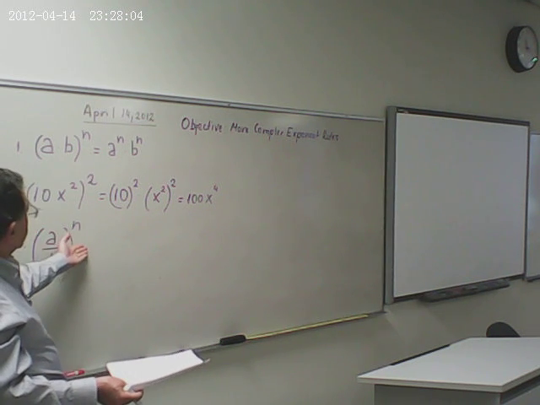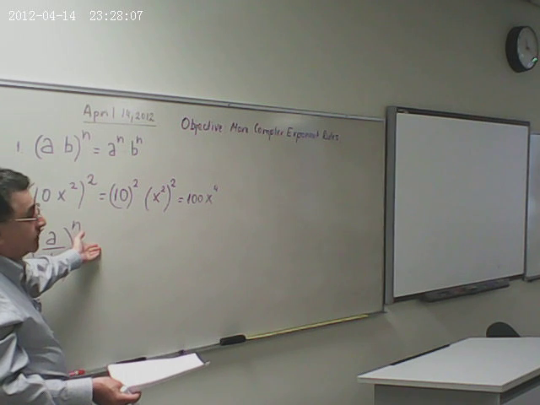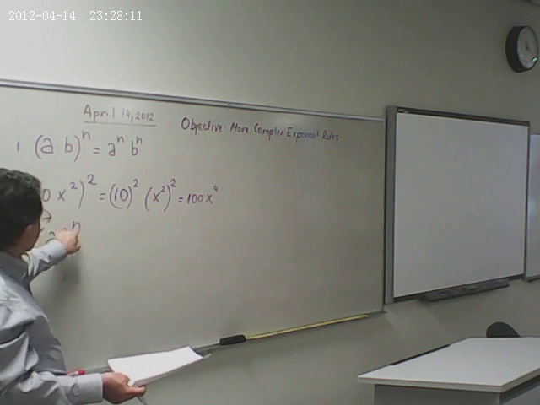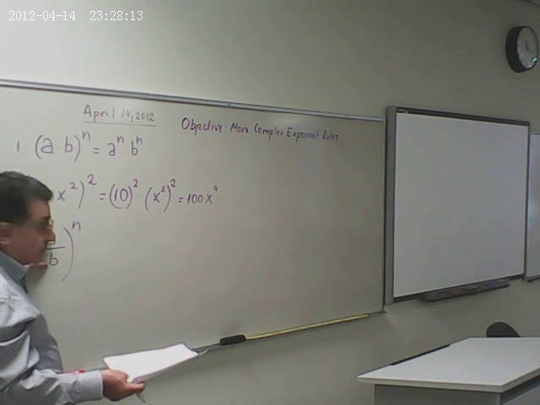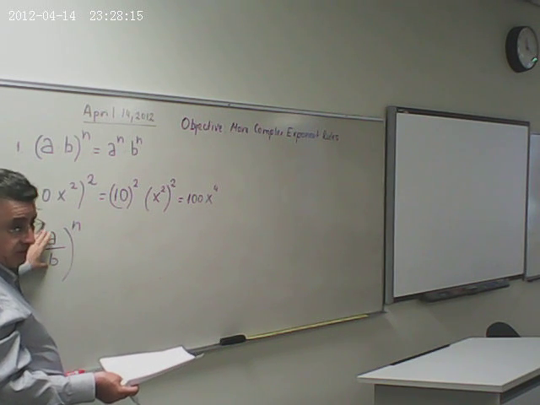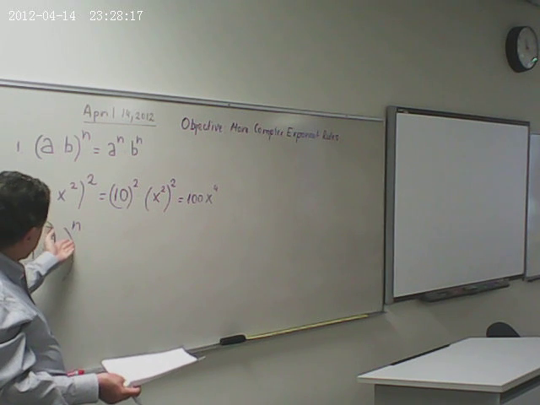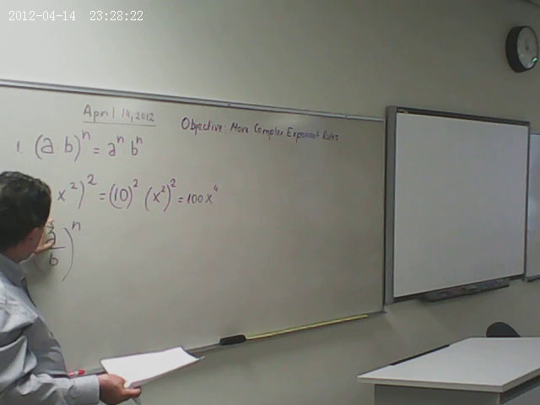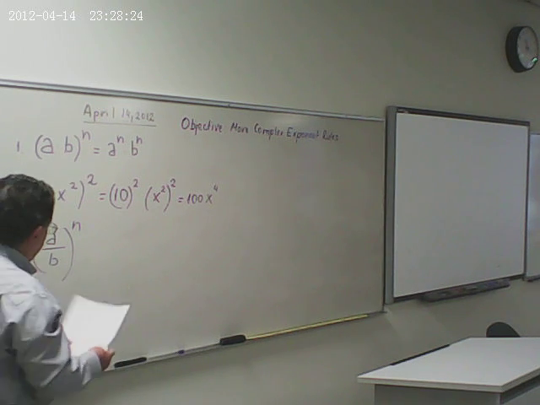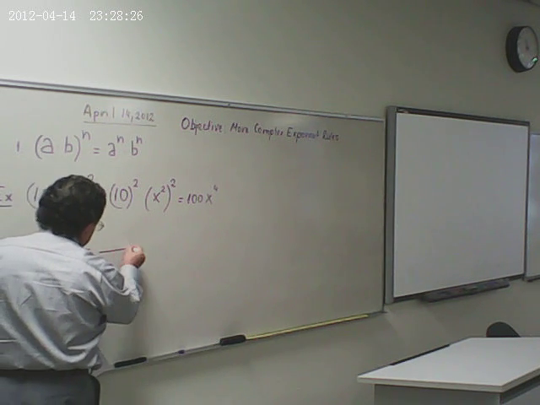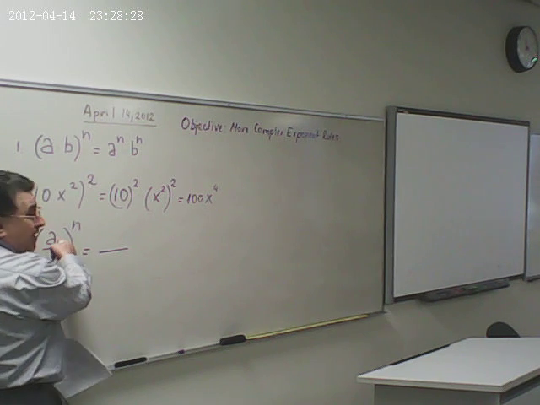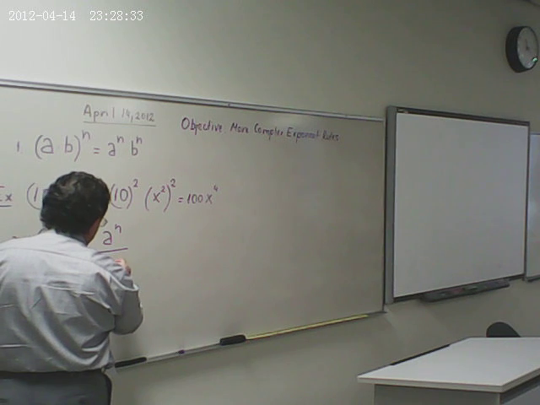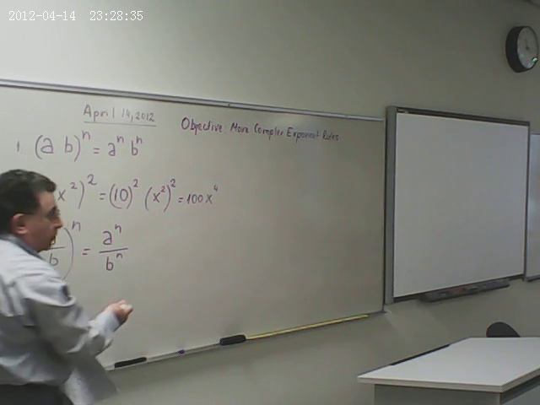So we can extend this rule and write that this quotient, this is rational expression actually itself, right? Division, right? So if this rational expression is raised to the power of n, I can write it as the numerator raised to the power of n, and denominator raised to the power of n.